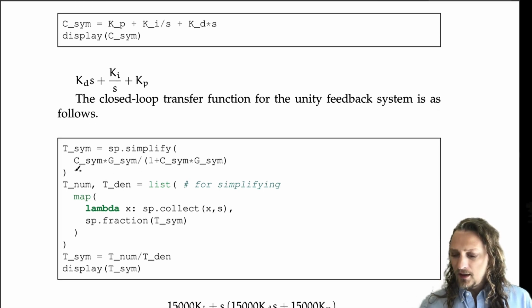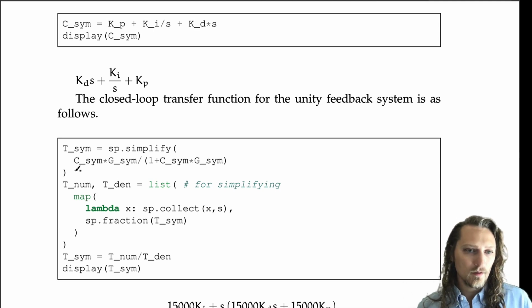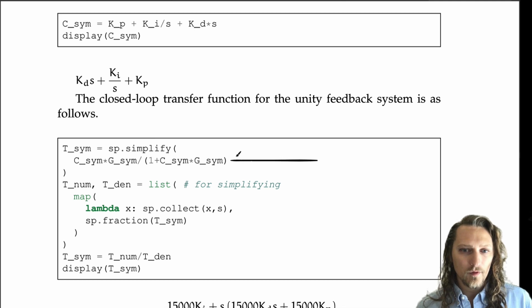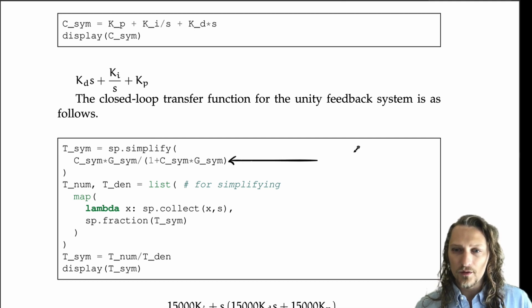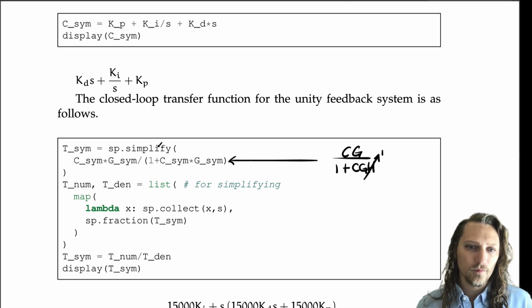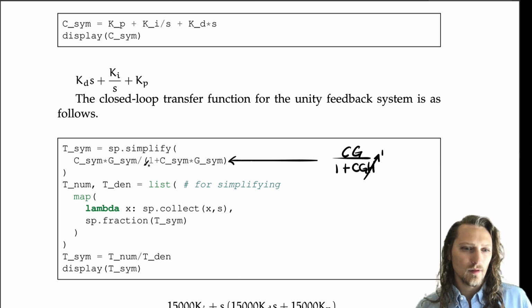This equation is something that we derived a couple lectures ago when we looked at the closed loop transfer function. So it was for unity feedback, so the equation was CG over 1 plus CGH. But for unity feedback, H is 1. So we have this transfer function.